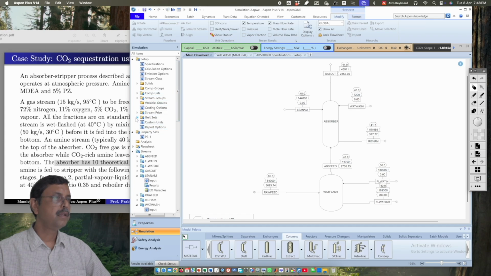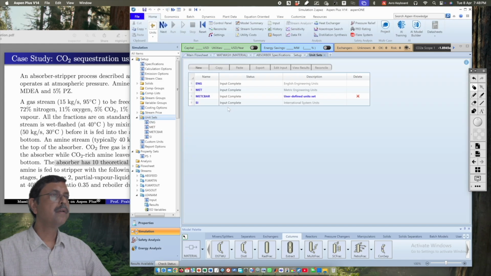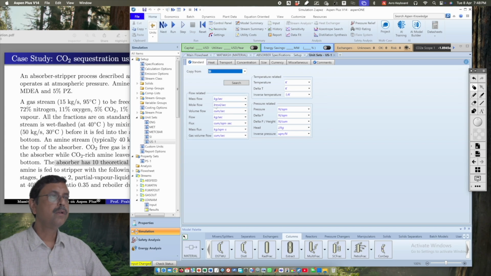So let us again go to the setup and unit sets. Let us define a new unit set US1, and in this US1, we take the mass flow rate as kg per second.